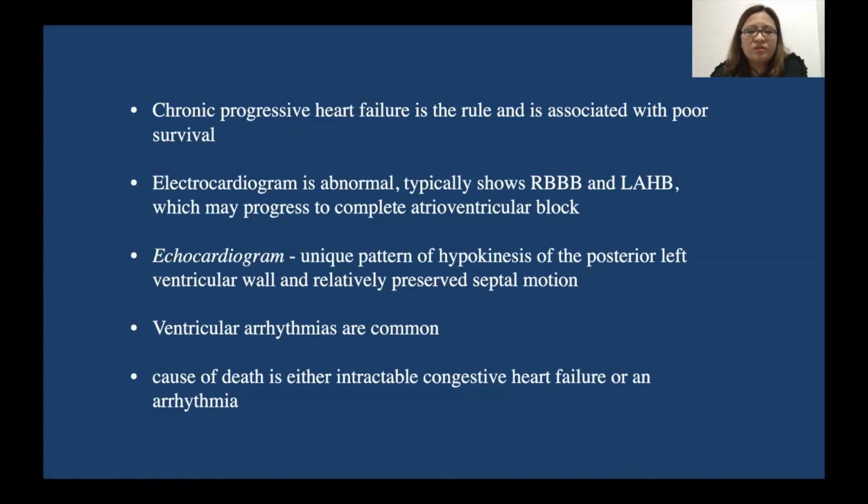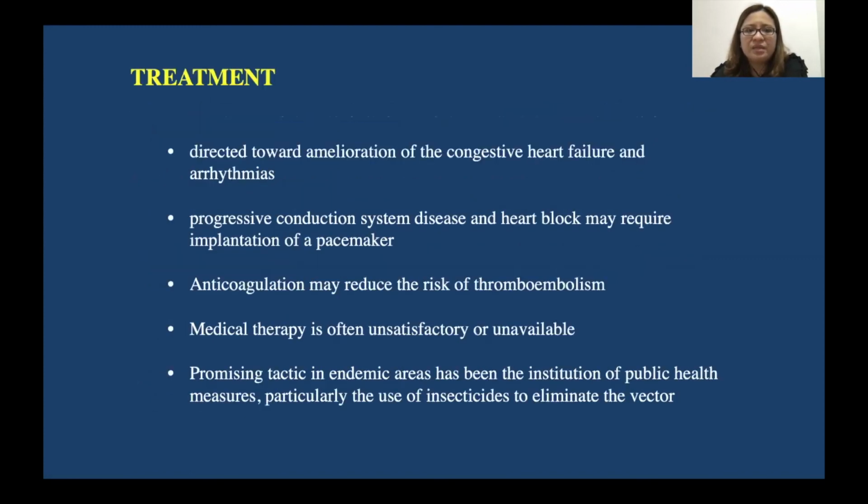Commonly seen are ventricular arrhythmias, and the cause of death is either intractable congestive heart failure or a fatal arrhythmia.